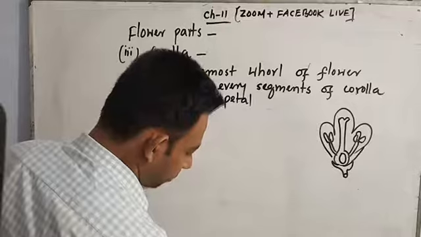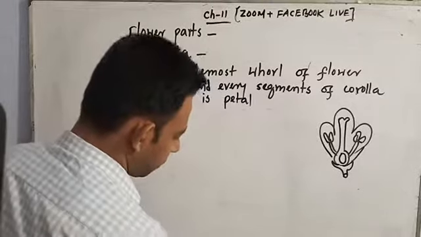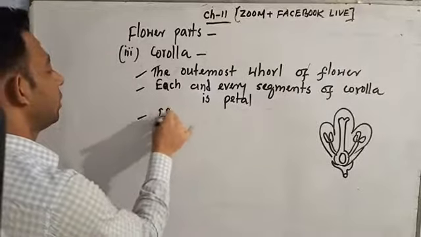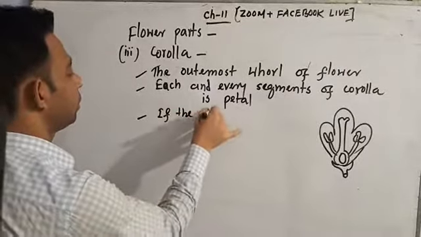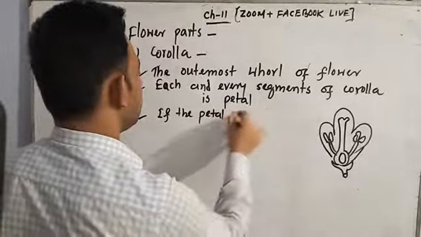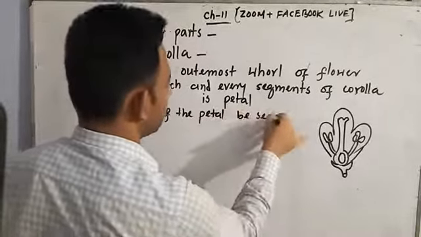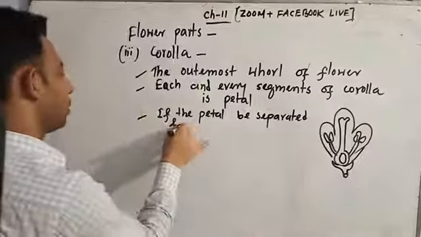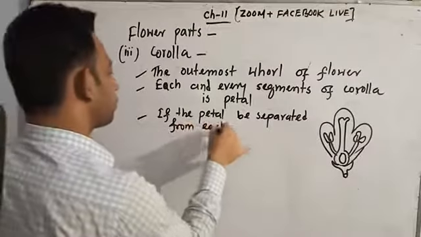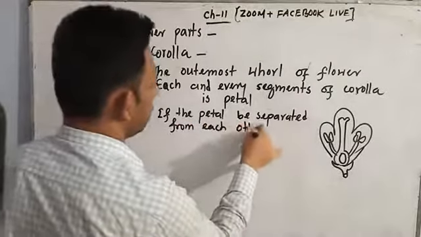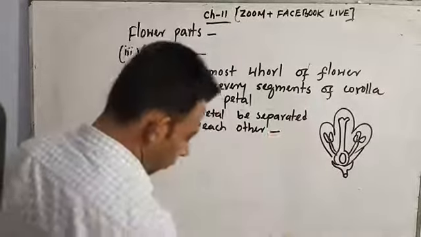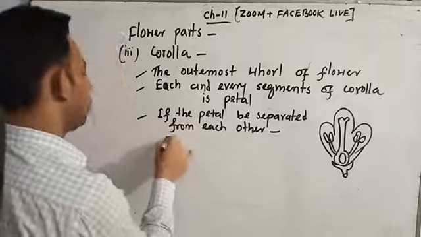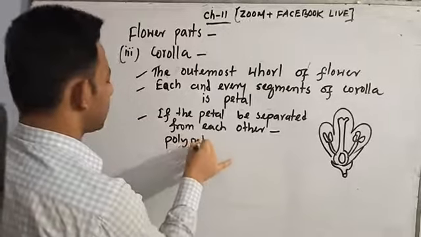Then if the petals are separated from each other, it is called polypetalous.